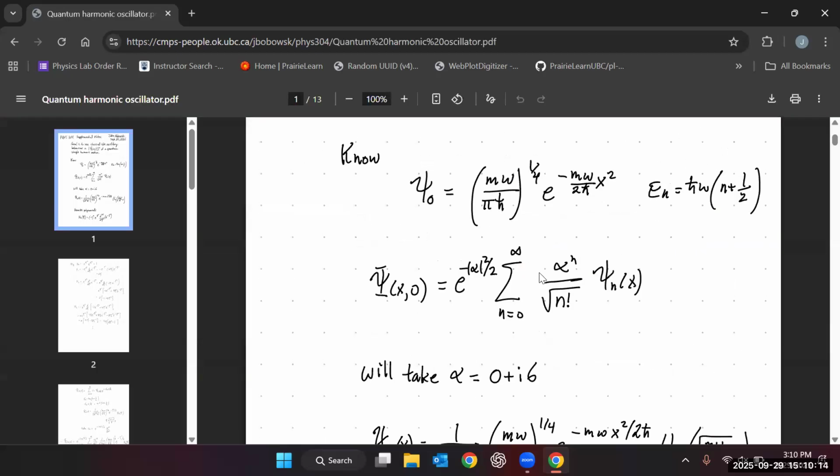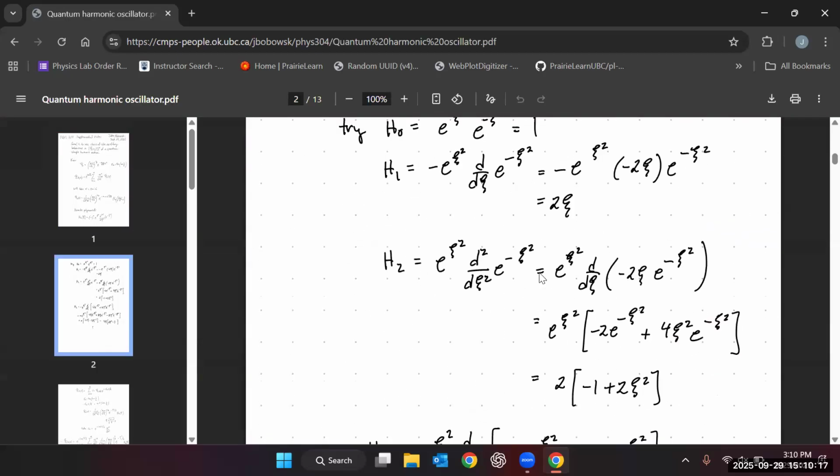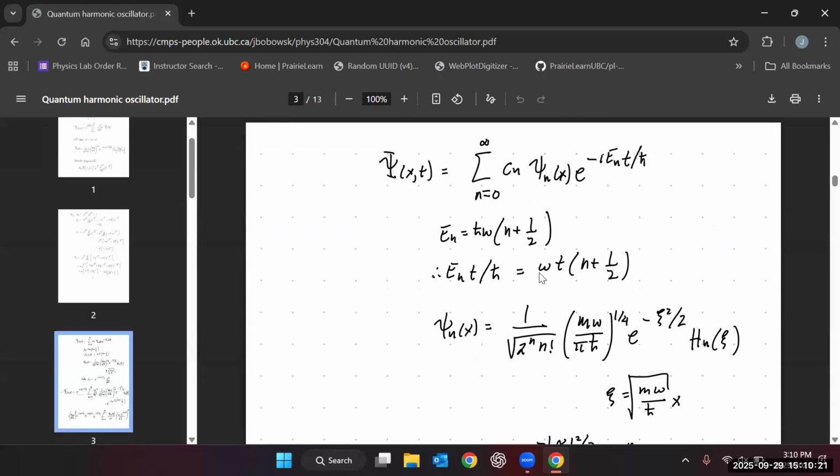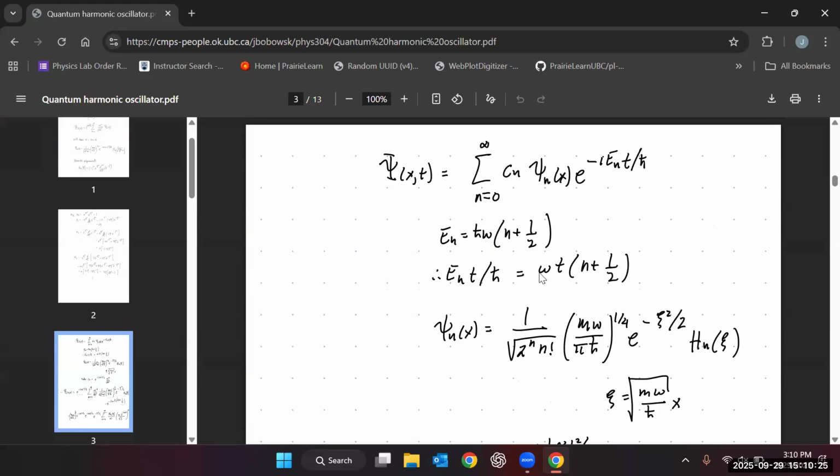So the notes will describe what I'm trying to do. So here's the Hermite polynomials again. All right. So this is our solution to the wave function, the solution to the full time-dependent Schrodinger equation. Remember, the way we do that is we have some coefficient, and then we have our stationary states. We just worked out the stationary states of the harmonic oscillator.